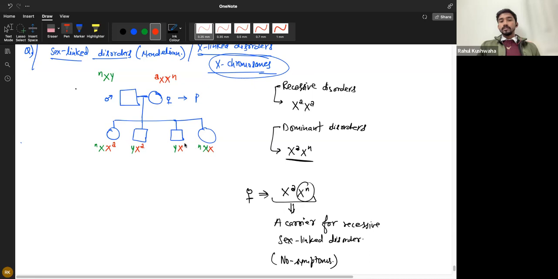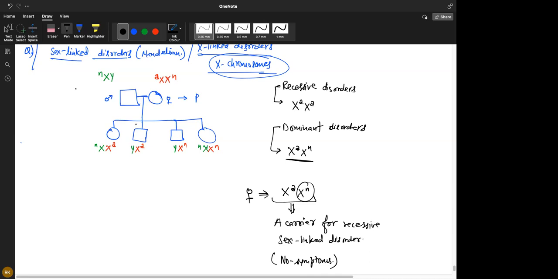To one other son, she gave a normal one. To the other daughter, she gave a normal one. Now, who all will be diseased? Whom should I color black? And also tell who all are carriers. Whom should I color half?